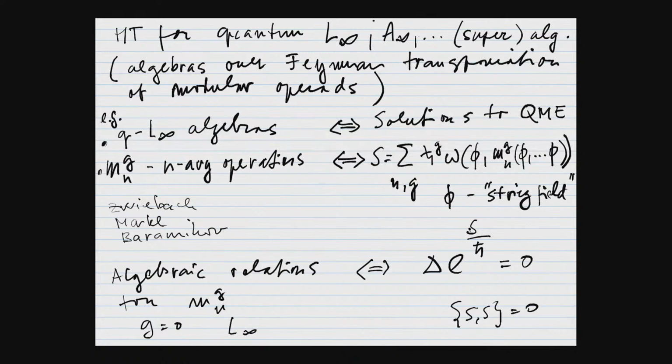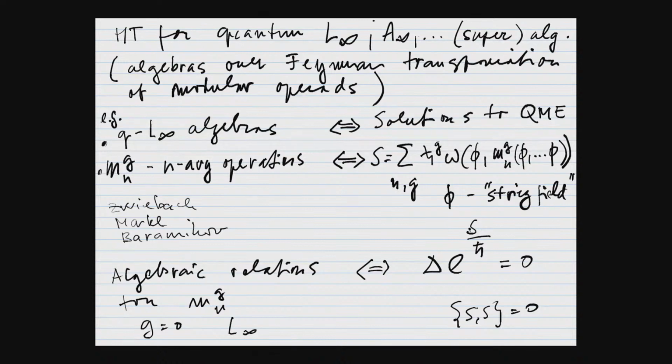Either it is an algebra over the Feynman transform of some modular operad, which would be commutative for C infinity, associative for A infinity, Lie for L infinity, etc. Or you can just say these are solutions to quantum master equations, or another definition would be using these algebraic relations, which are equivalent to the quantum master equation.